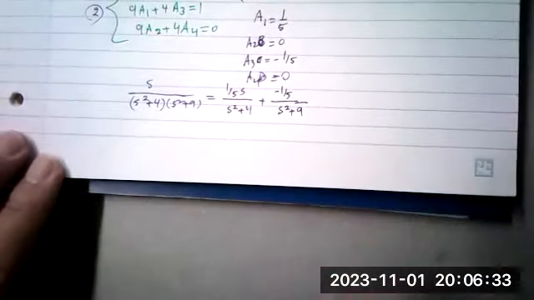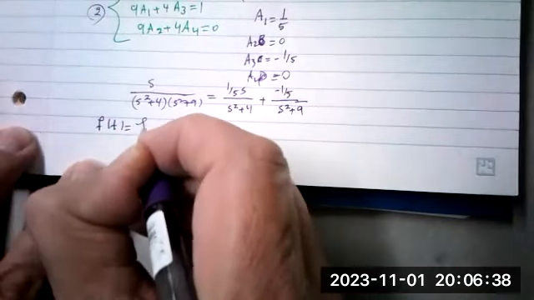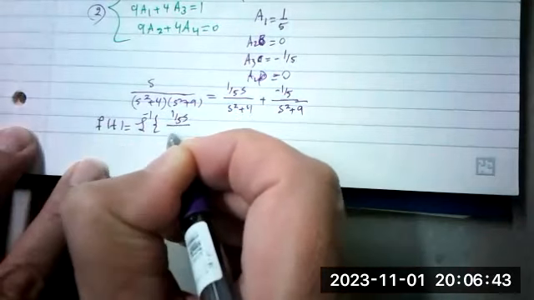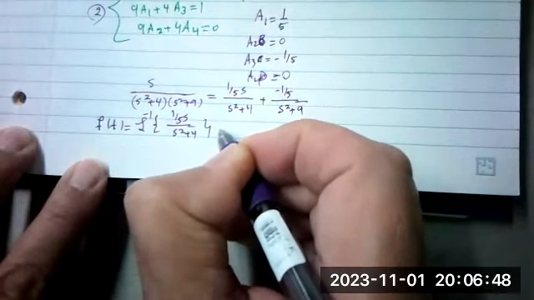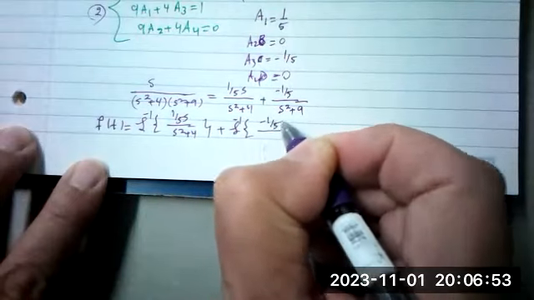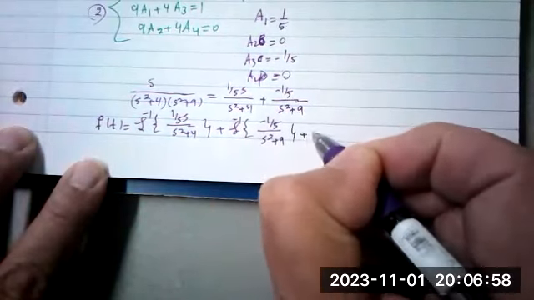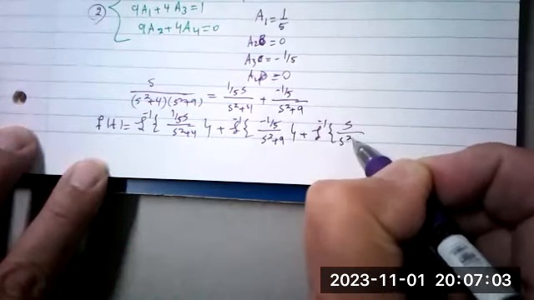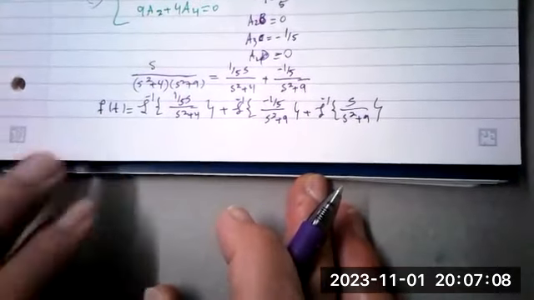So the final answer, f of t, is going to be Laplace inverse of 1/5 of s over s squared plus 4, plus Laplace inverse of negative 1/5 over s squared plus 9, plus Laplace inverse of the last one, s over s squared plus 9, because that term was a leftover from the previous part.